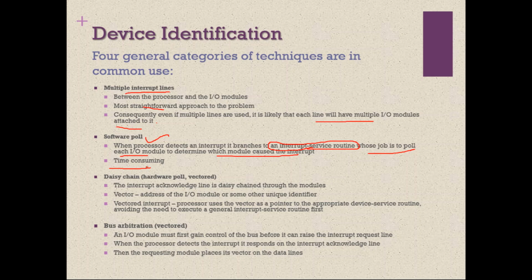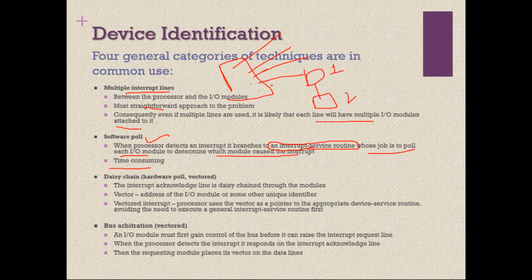See, for example, in multiple interrupt lines, you have different interrupt lines for different IO modules, but for one of the IO modules, one interrupt line is shared between 2 modules. In that case, if the CPU gets an interrupt from this particular line, how will it identify whether it is from IO module 1 or 2? Again, here also it should use polling.